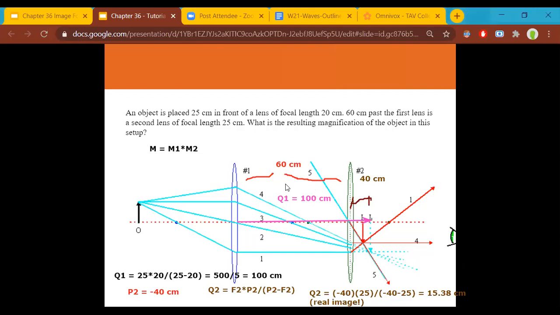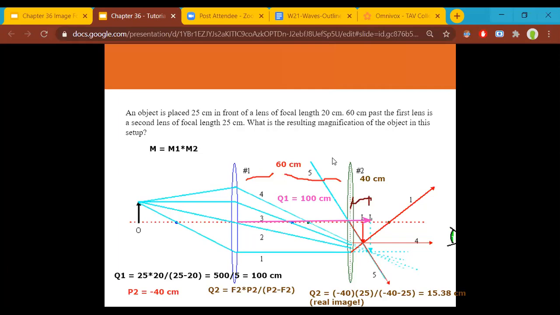A positive value for Q2 tells us that it's going to be on the right side of the lens. In this case, it's on the same side as the first image. So it's 15.38 centimeters to the right of the second lens, and that's going to be a real image because it's on the other side of the lens, on the right side.